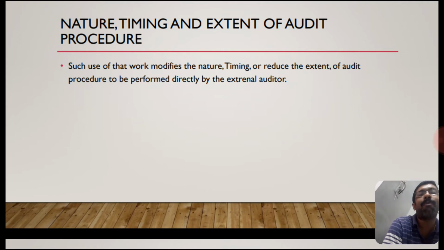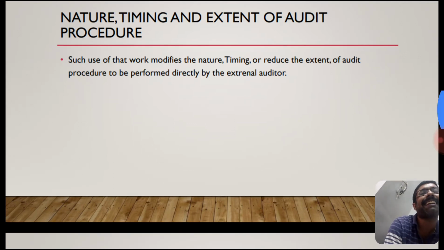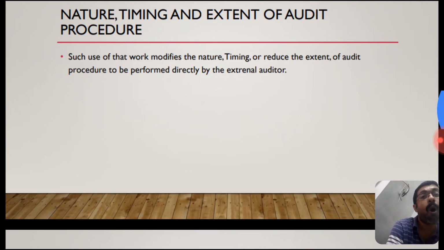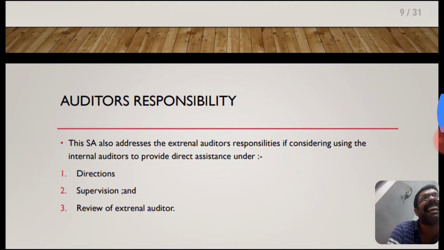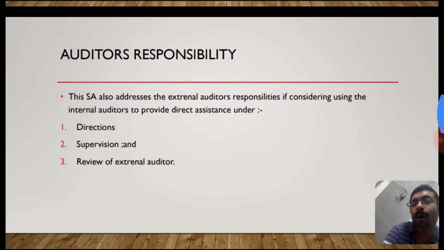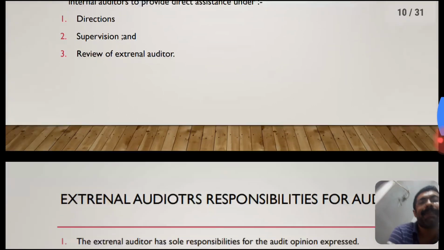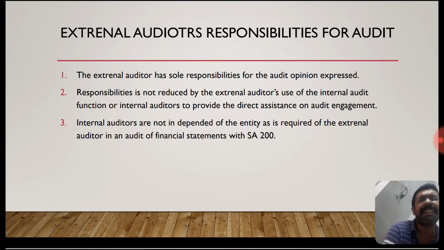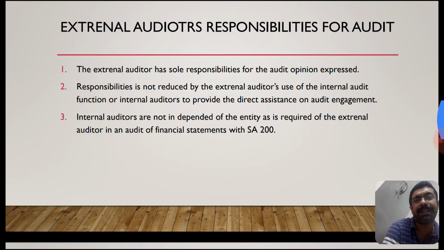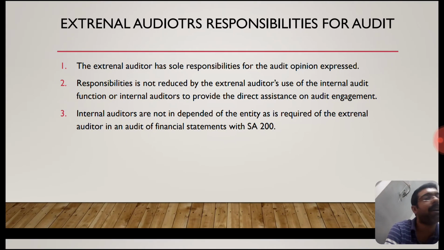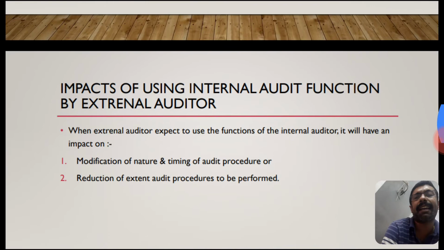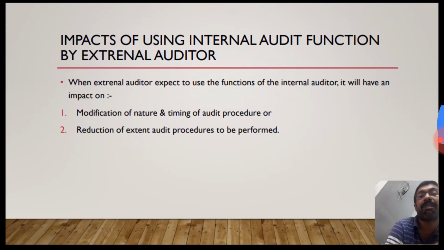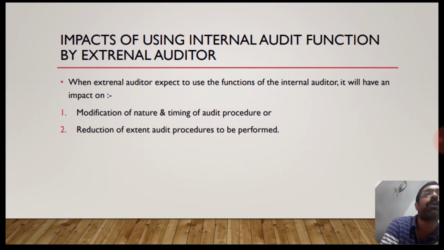It will modify the nature and timing of audit procedures, or reduce the extent of audit procedures carried out by the external auditor. It is the responsibility of the external auditor to express an opinion on the financial statements. His work cannot be reduced or curtailed, even though he used the internal audit function or obtained the direct assistance.